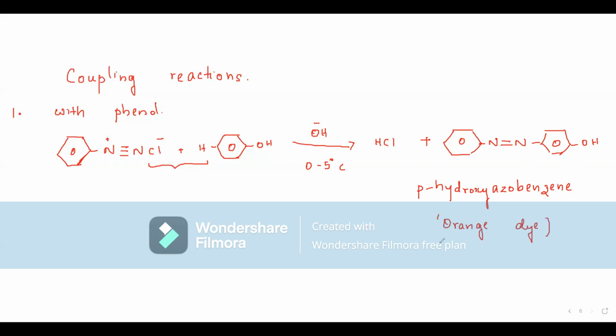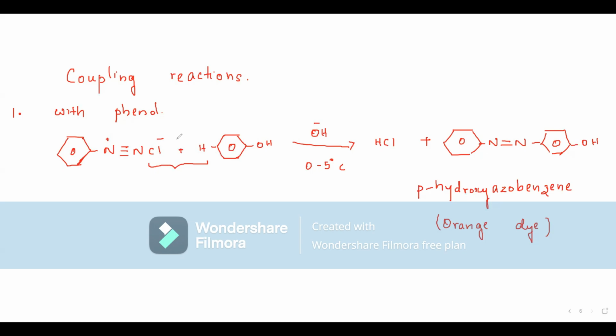They can either ask this question in filling the blanks, highlighting the color, or this can be asked as a test to distinguish between phenol and some other compound, say aniline, or this can be just asked as the equation as it is, right? Reaction equation for coupling reaction with phenol, benzene diazonium chloride with phenol. Yeah, so this is an important reaction.